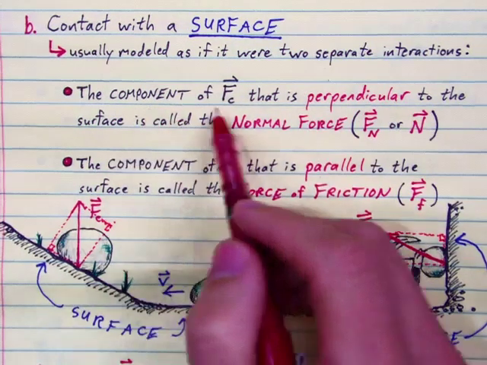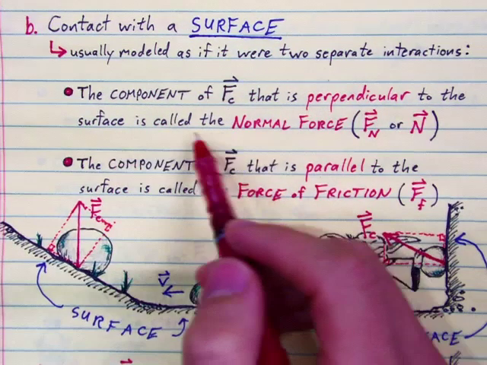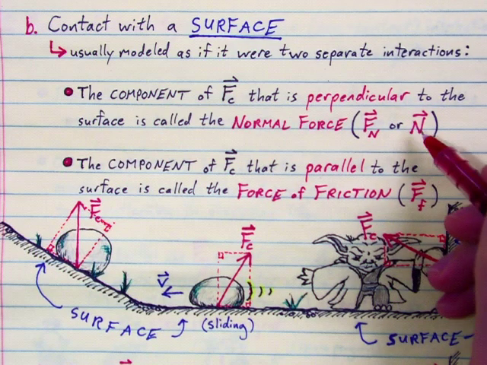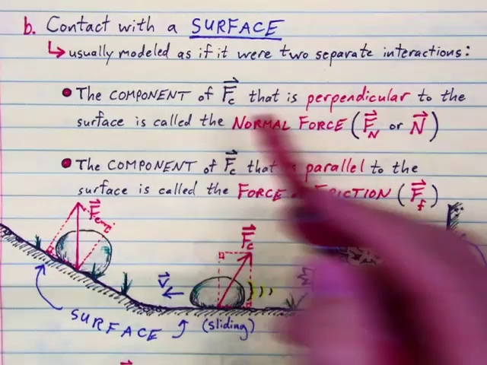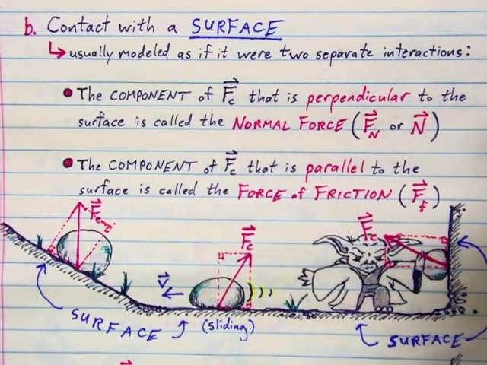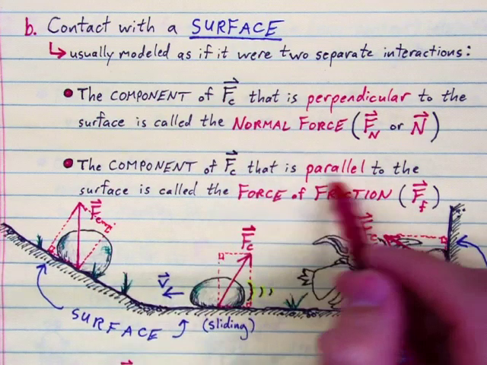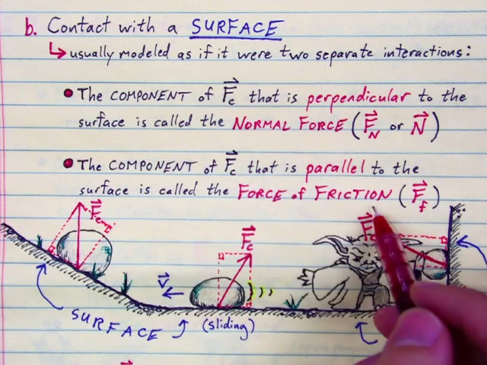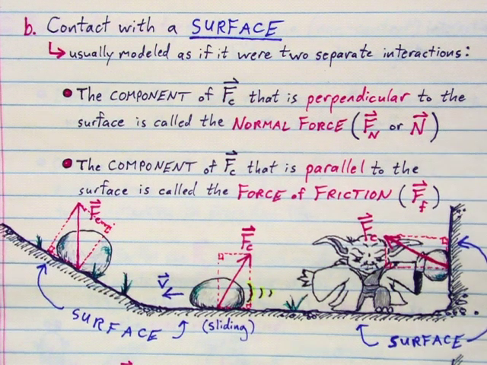The component of the contact force that is perpendicular to the surface, that's called the normal force, F sub capital N, or sometimes just a capital N. The other component of the contact force, the part that's parallel to the surface, is what we more commonly know as friction, the force of friction, F subscript little f.